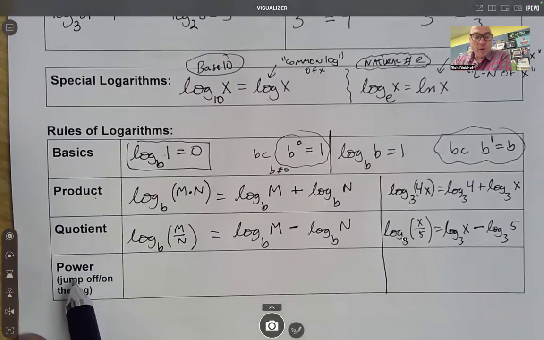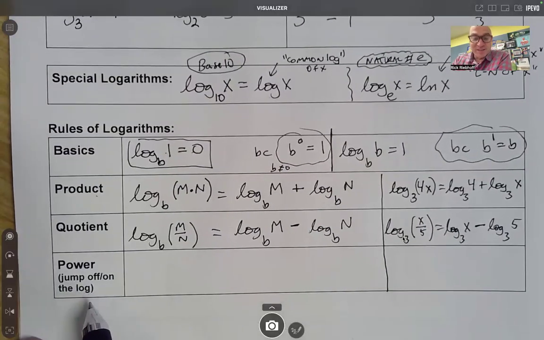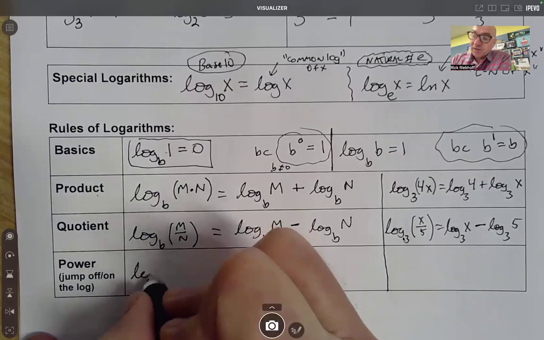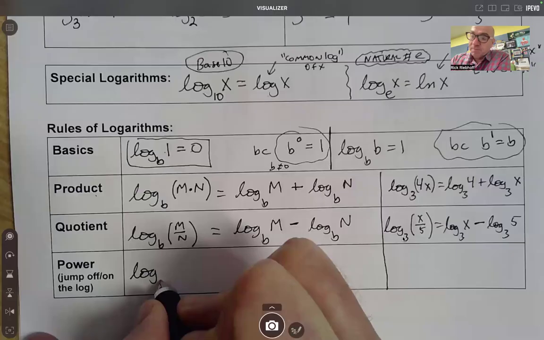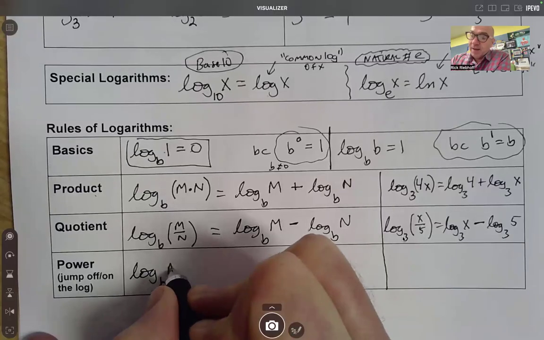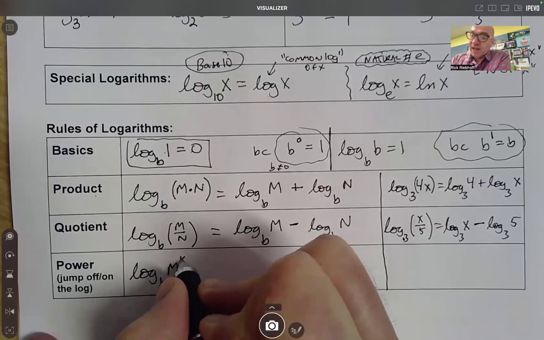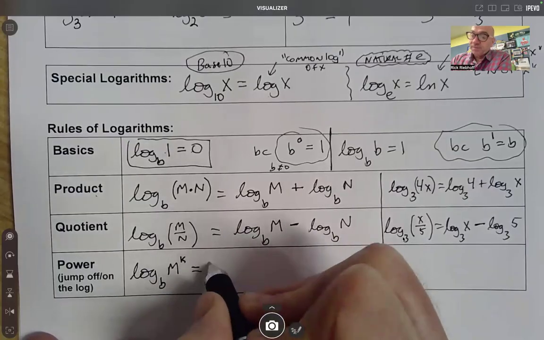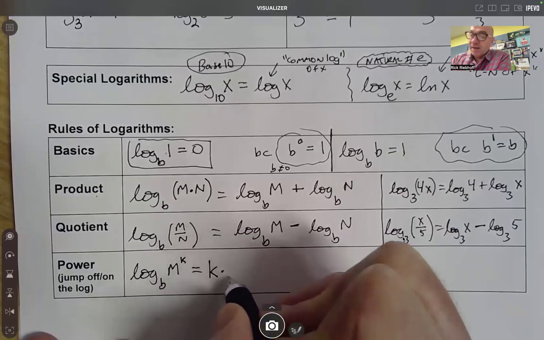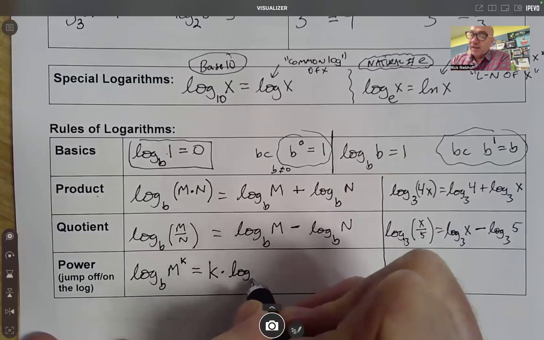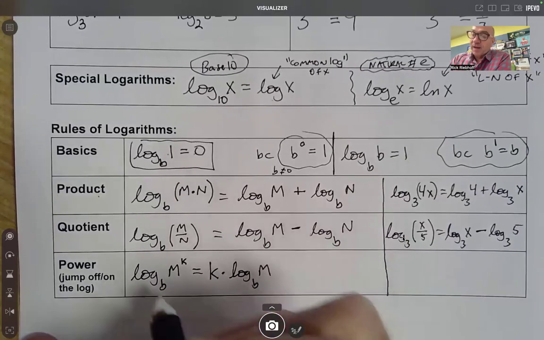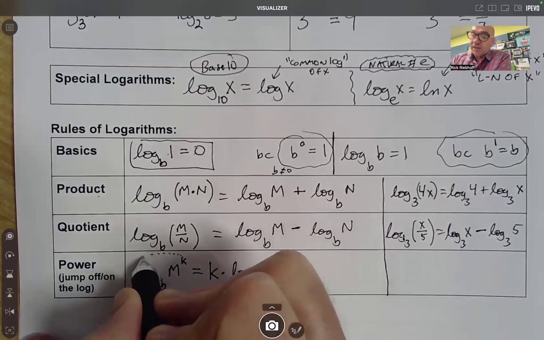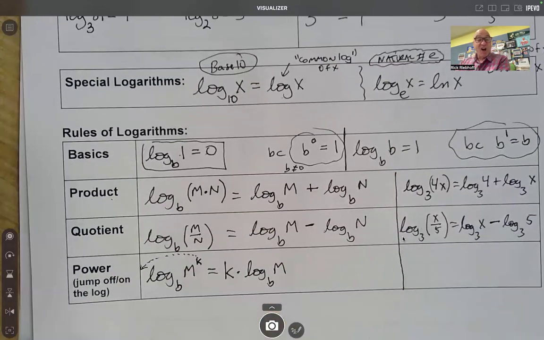All right. The power rule is my favorite one. I call it the jump on or jump off the log rule. Log base b of m raised to the k power, so you see this is an exponent, equals k times log base b of m. See how an exponent jumps off the log.